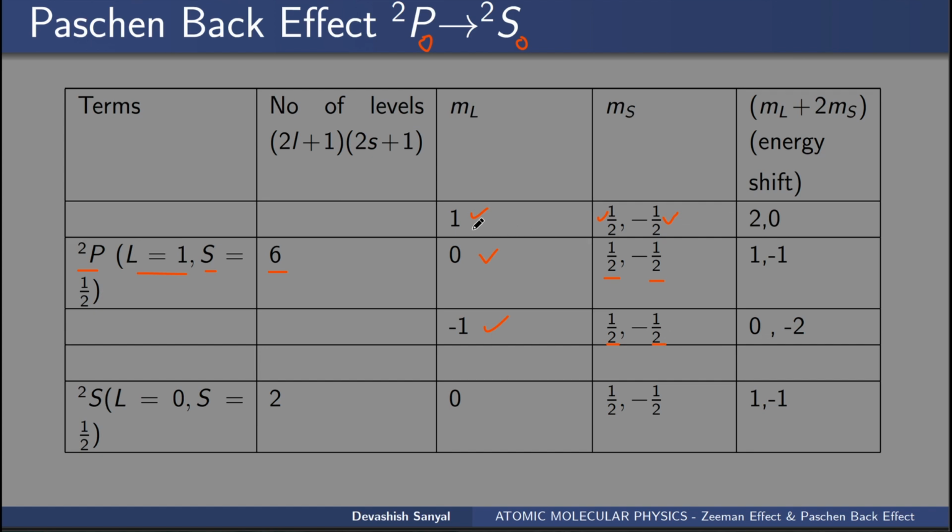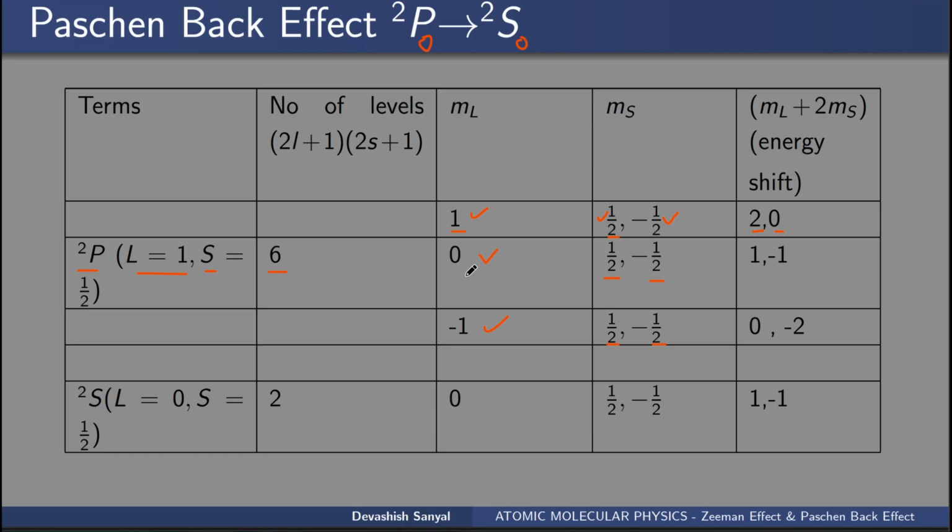Now ml plus twice ms: when the combination is 1 and half, ml plus twice ms is 2. And when ml is 1 and ms is minus half, ml plus twice ms is 0.